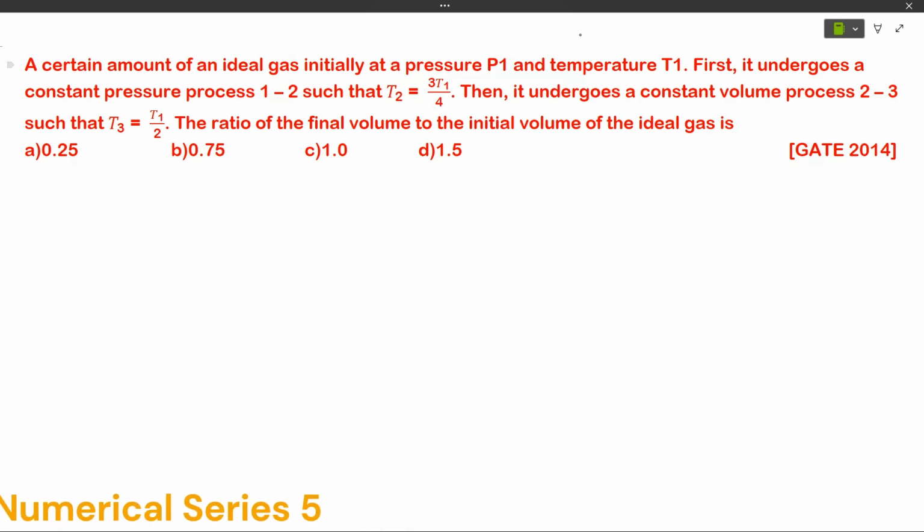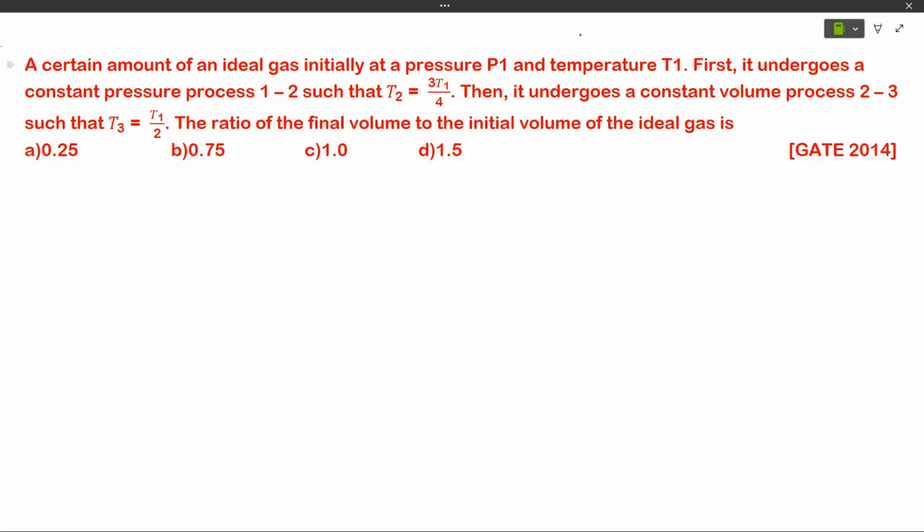Numerical Series 5. A certain amount of an ideal gas is initially at a pressure P1 and temperature T1. First, it undergoes a constant pressure process 1 to 2 such that T2 equal to 3T1 by 4. Then it undergoes a constant volume process 2 to 3 such that T3 equal to T1 by 2.